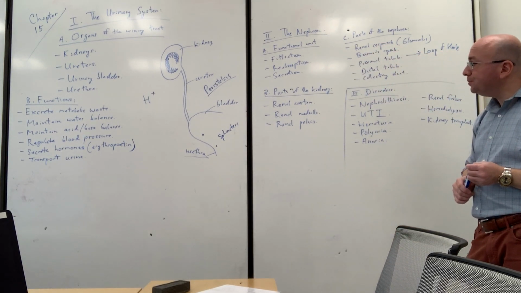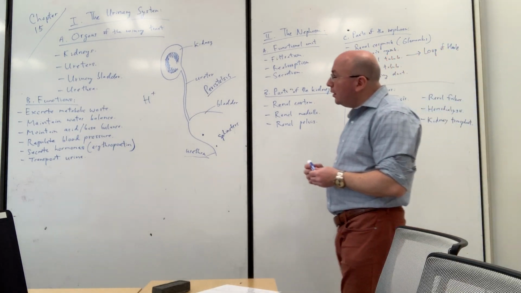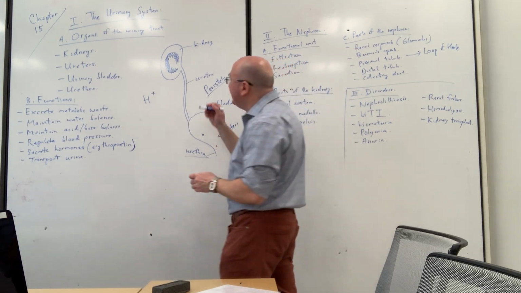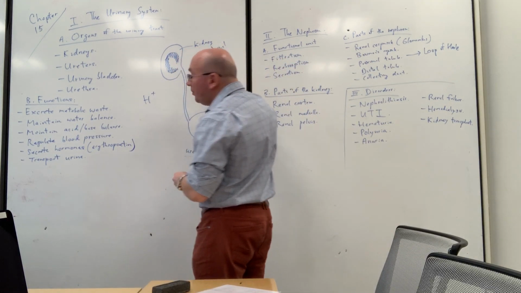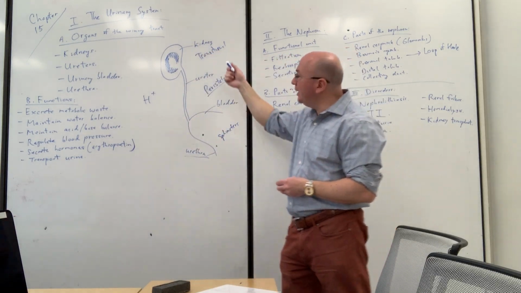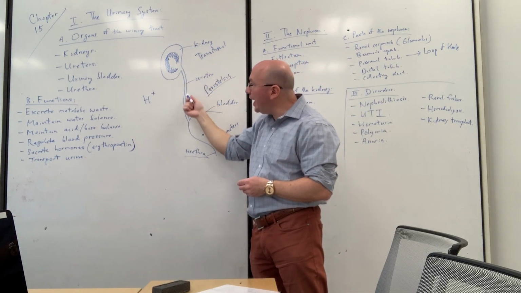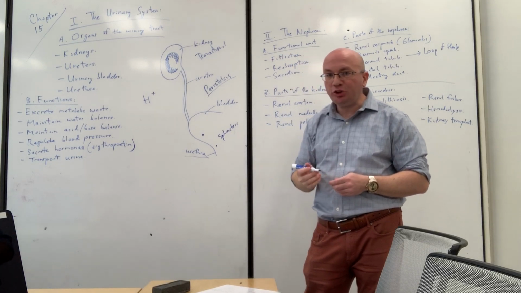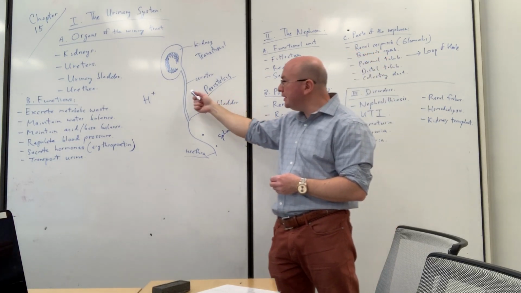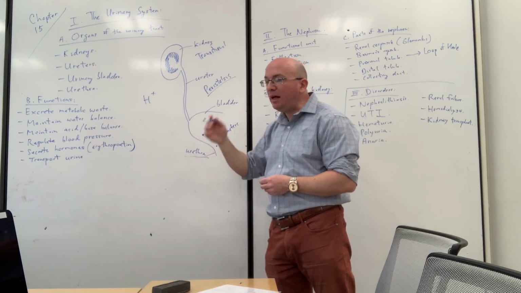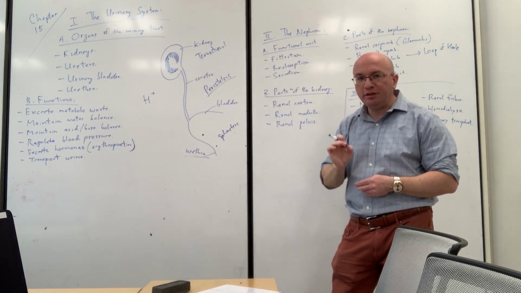Keep in mind also that histologically, transitional epithelium is the kind of epithelial lining we have everywhere the urine is traveling. In the renal pelvis, there are transitional cells, inside the ureters, inside the bladder, everywhere urine is traveling, essentially.